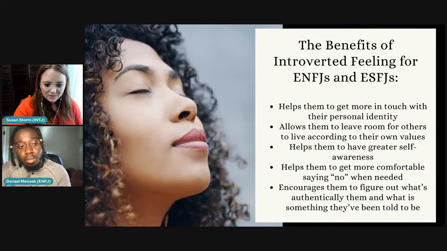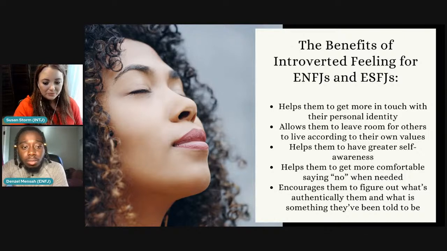All right, so let's move on then to integrating introverted feeling for ENFJs and ESFJs. So ENFJs and ESFJs, as Denzel could probably explain much better, are very aware of how other people are feeling, about group values, the needs and desires of the people around them, the greater good, essentially.